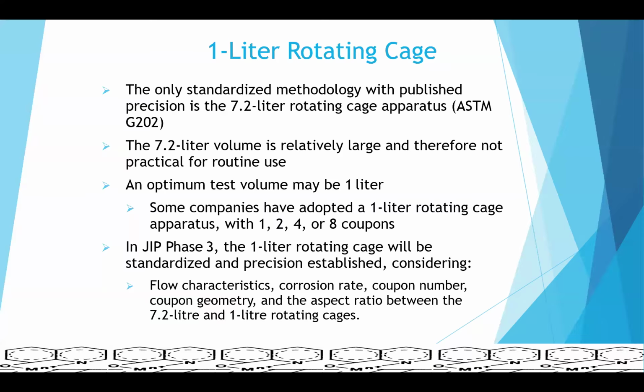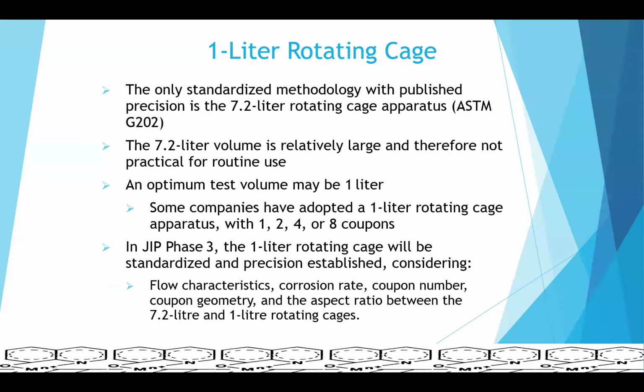A precision statement was established almost 20 years ago. However, 7.2 liters volume is relatively large and therefore is not practical for routine use, especially for quality control and quality assurance. For which nowadays, some companies are using 1 liter autoclave, 1 liter rotating cage.